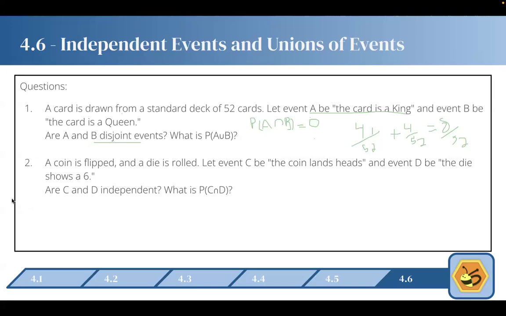So let's do number two. A coin is flipped and a die is rolled. Let event C be the coin lands heads and event D be the die shows a six. Are they independent is the question now. So what is C intersection D?